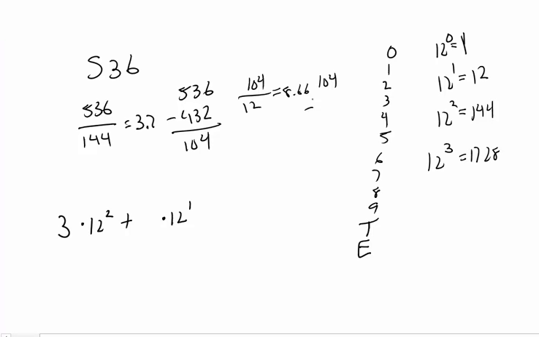And 12 times 8 is 96, which leaves me with 8 exactly. So it goes in there 8 times, and I have a remainder, oddly enough, of 8, and that's 12 to the 0 times 8, right? So 536 in terms of base 12 would be 388. Not 388 in base 10, but 388 in base 12 would be equivalent to 536.